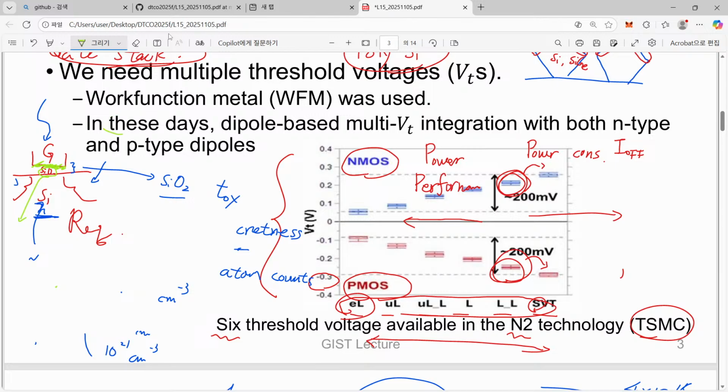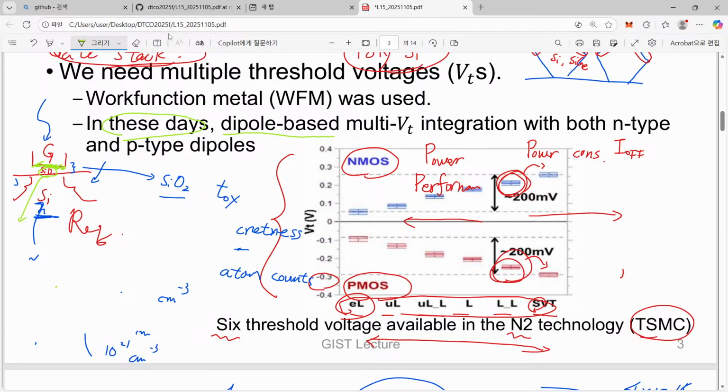In these days, within a few years, after 2020, it becomes more and more popular to have dipole-based multi-threshold voltage integration.